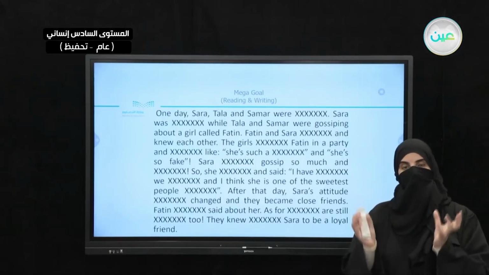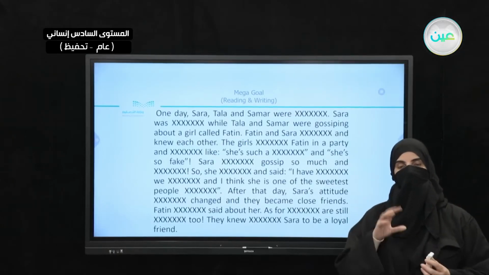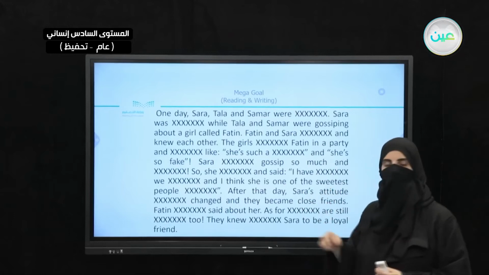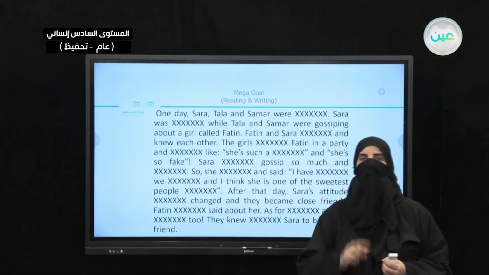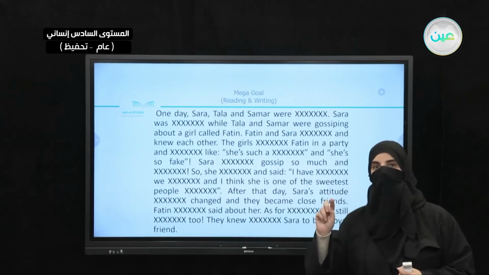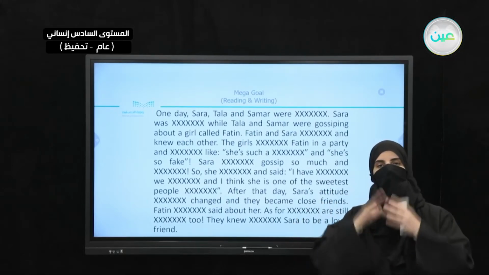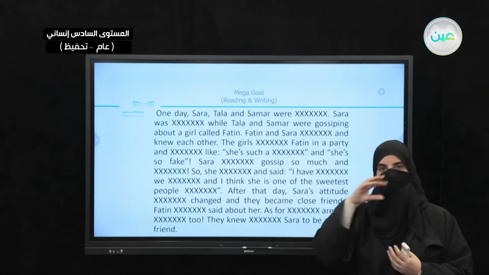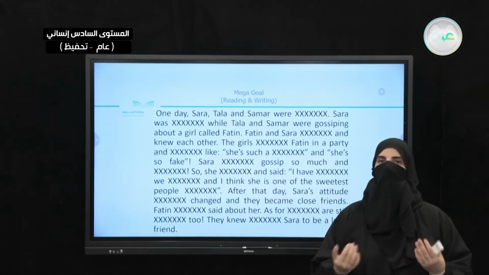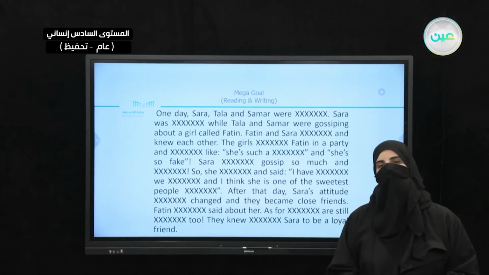So I got the whole idea just from the things that are written, which means when you are reading a paragraph, you don't have to pass by every single word to understand the whole idea or the content. You can just pass by some information and still get the main idea of the paragraph.